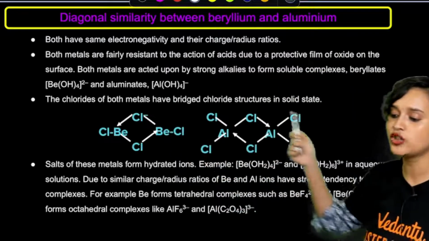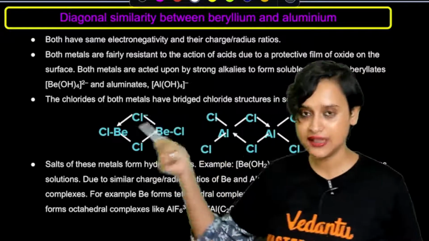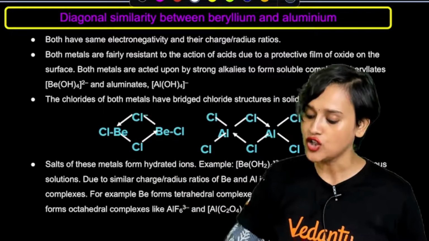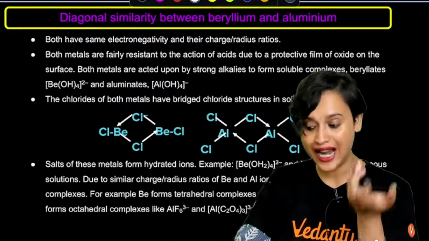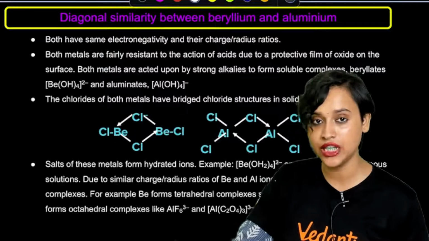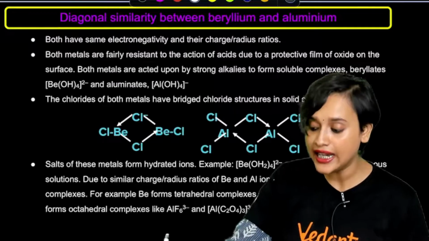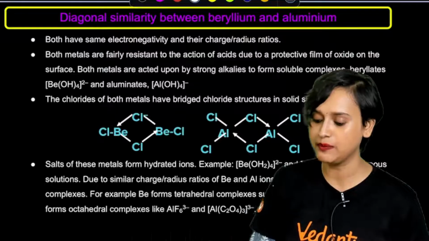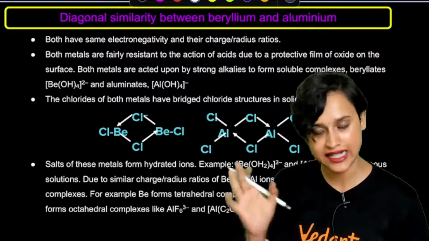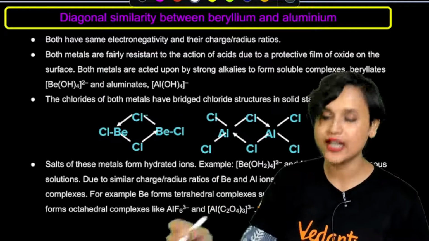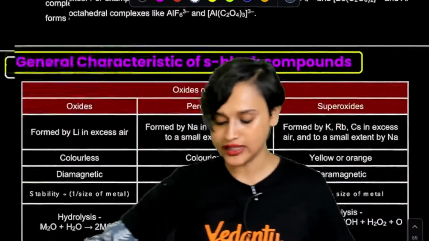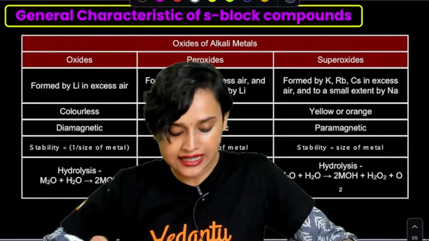The chlorides of both the metals are bridged like this. Yes, I have just spoken to you. Salts of these metals form hydrated ions, for example, [Be(OH2)4]2+ and [Al(OH2)6]3+ in aqueous solution. Okay, they stay in aqueous solution, once again because of the similar charge to radius ratio. All right. Is this clear, everybody?